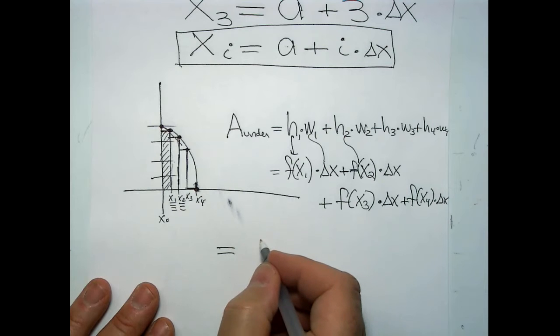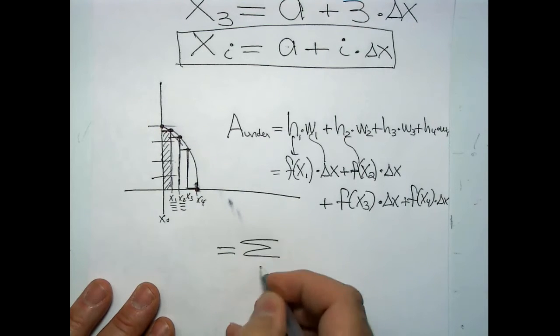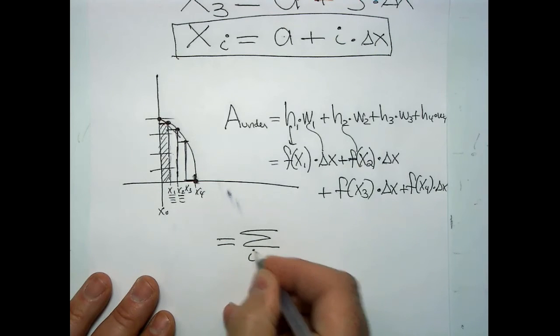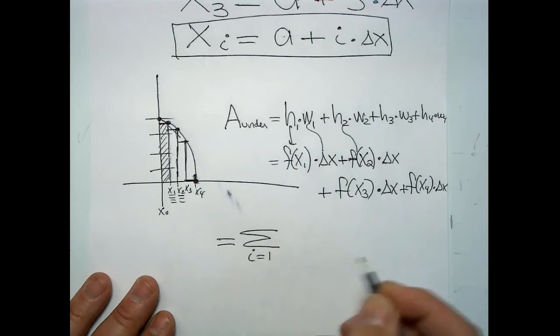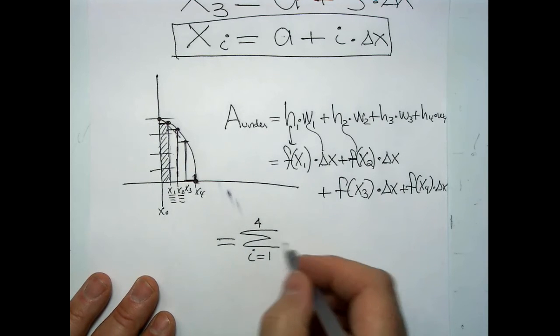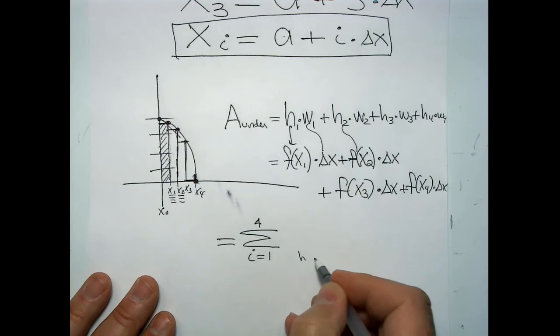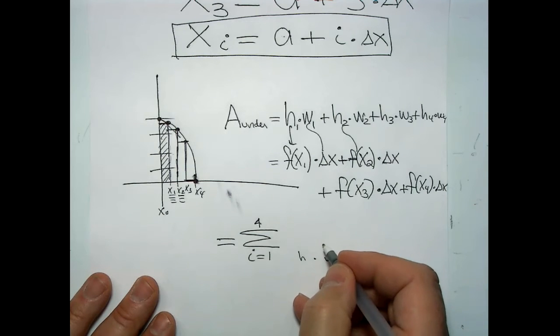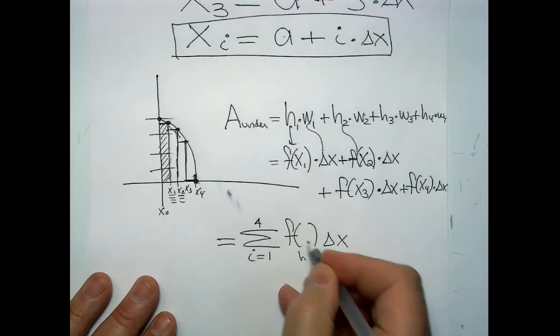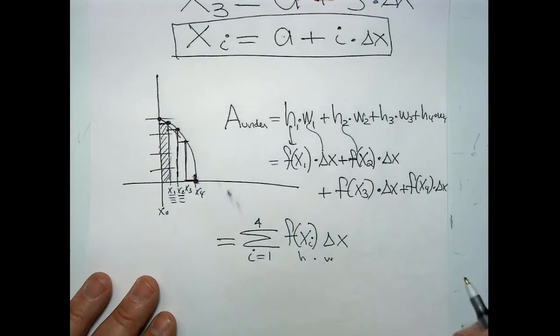And the sigma I'm going to use is a method of adding multiple things together. And I'm going to cycle i from 1, I guess I can go to 4 in this case. And what am I summing? Height times width. And what is the width for every single one of them? They're all delta x. And what's the height for every single one of them? f of x sub i.